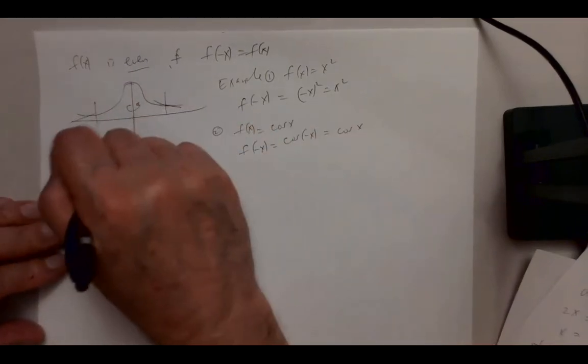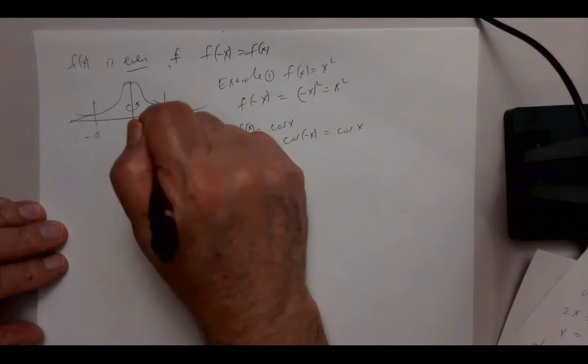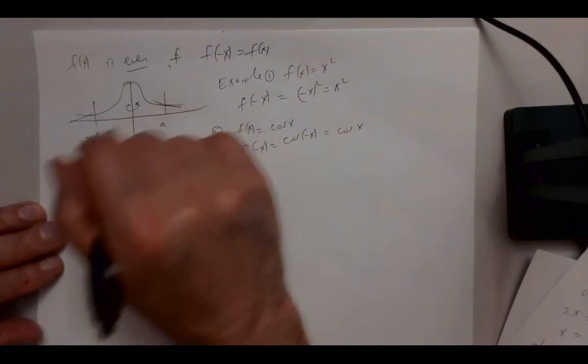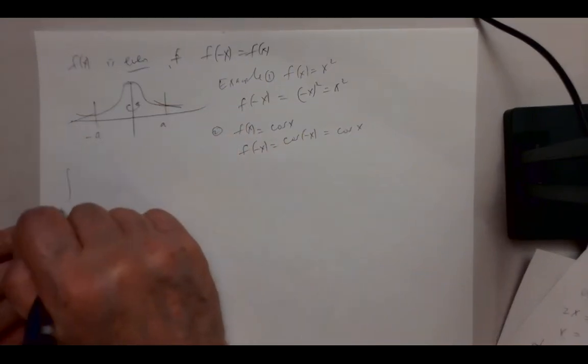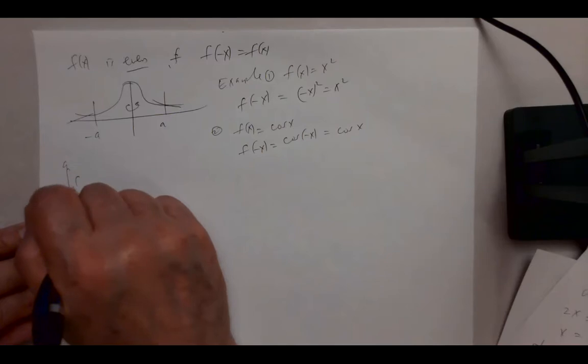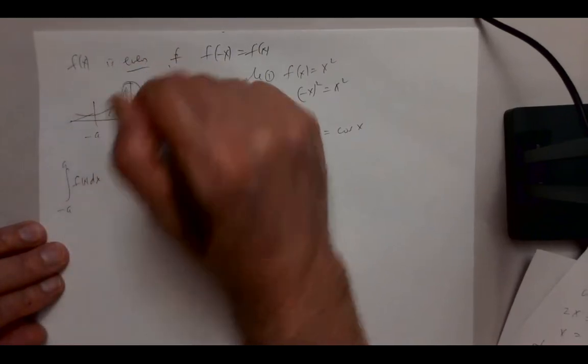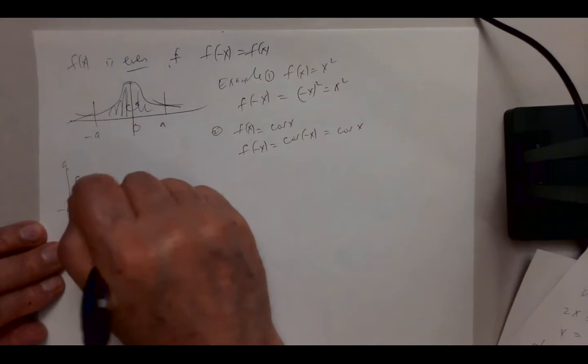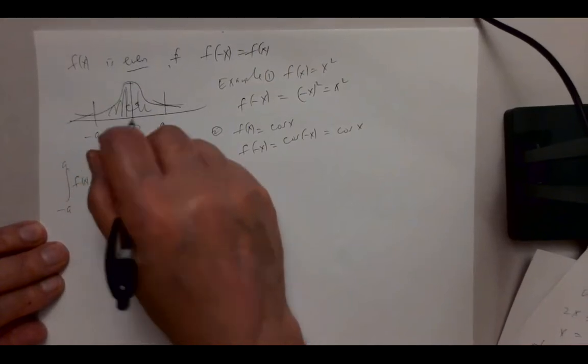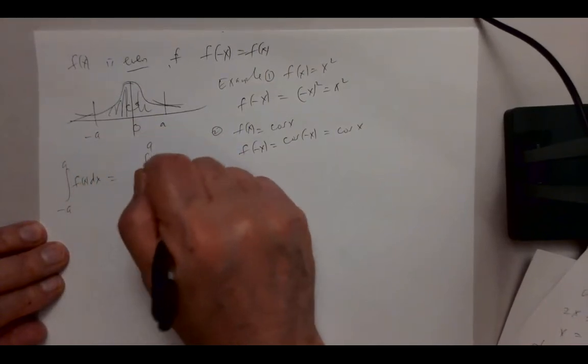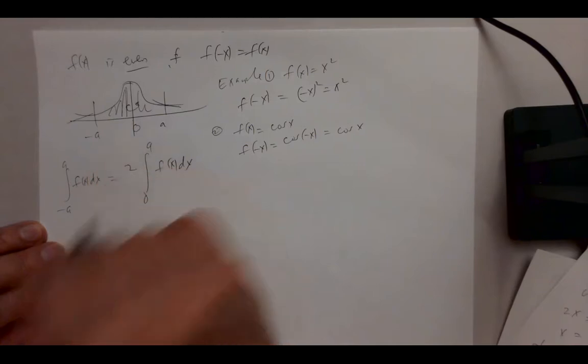And if you're integrating an even function from minus a to a, these have to be the same numbers, the integral from minus a to a of f of x dx, the area here equals the area over there. So it's enough to integrate from 0 to a and multiply by 2.